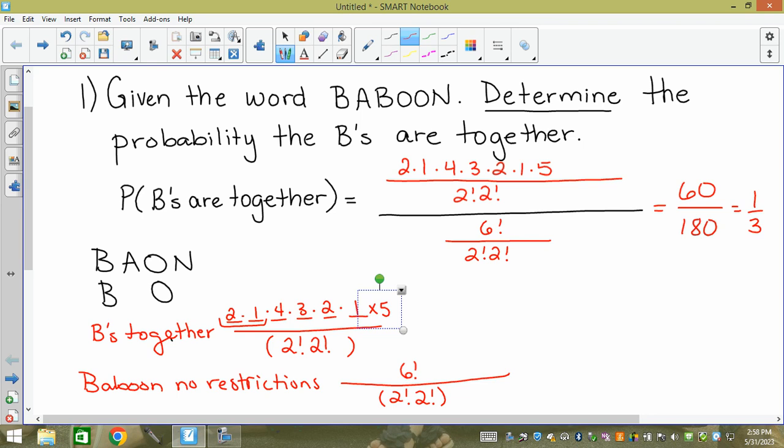So that's if you're given a word. What if we are given, like, that we need a, oh gosh, okay, a subcommittee.